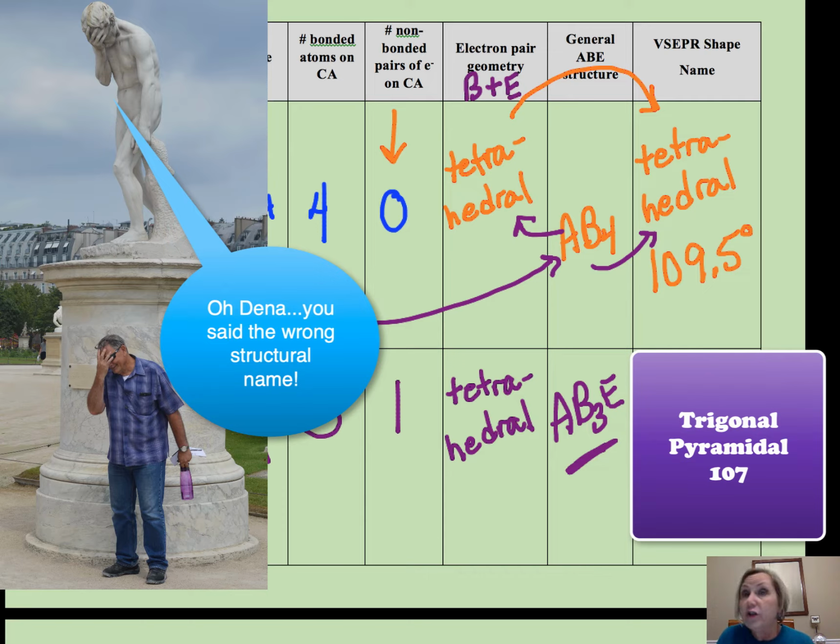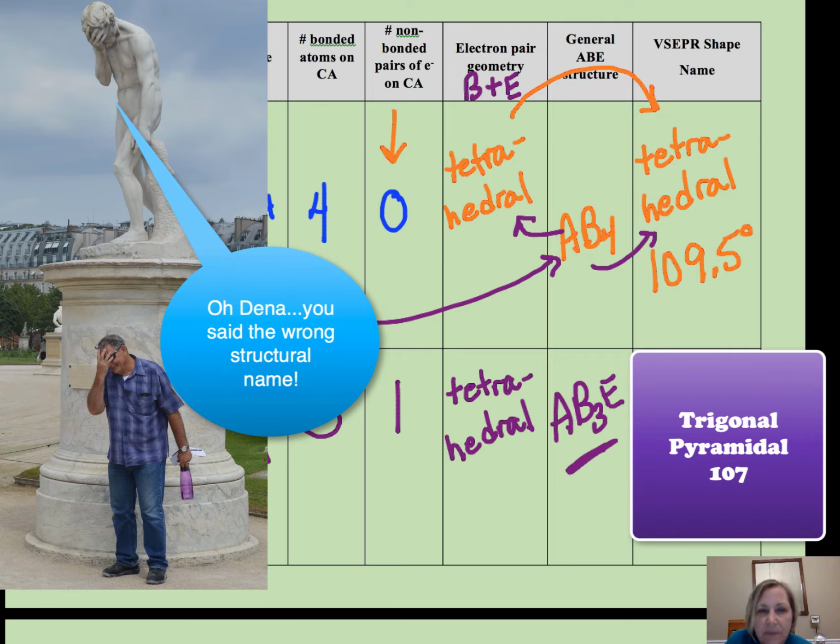Now, here's where there's a nuance in our VSEPR. Remember, VSEPR said these bonded pairs of electrons repel one another. Well, non-bonded pairs need more room, so they repel more. I'm trying to show that with the double arrow there. Non-bonded pairs repel more than bonded pairs.